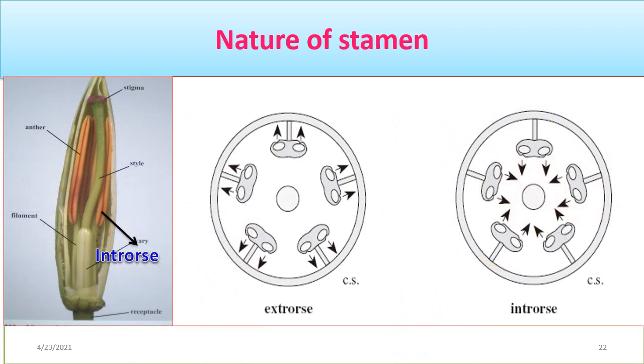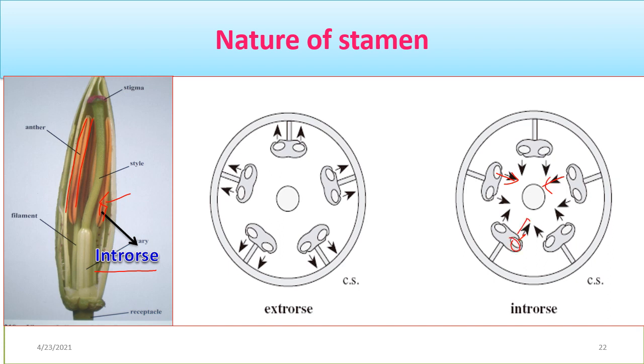Then nature of stamen. Here you can see that this is one anther lobe and this is another anther lobe. Same here you can see, and one groove is there in between. Let me clear all these things. Here one groove you can see, this point. So this is actually the line of dehiscence, and if it is facing towards the inner side, then it is called introrse.